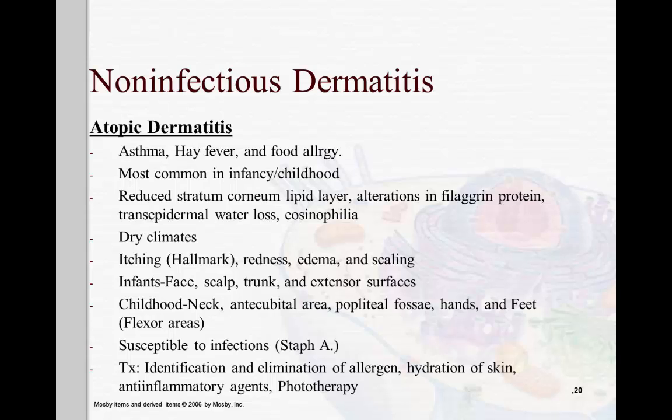The main pathophysiology of atopic dermatitis is extrinsic IgE mediated, or intrinsic, which is less common and has nothing to do with an allergic reaction, but the most common, about 80%, have a history of asthma, hay fever, allergic rhinitis, and food allergies.